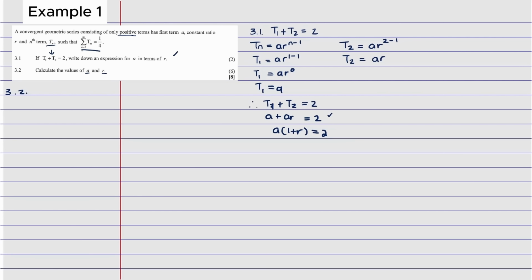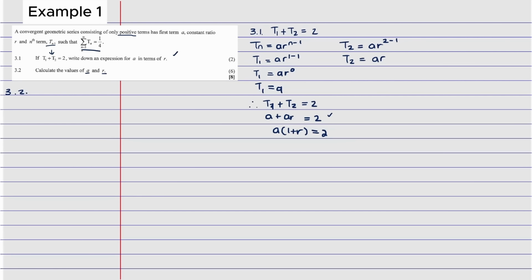This is nice because, do you see that in 3.1 we already calculated one equation that has a and r. So I can use the fact that the sum to infinity is 9 over 4 and find the sum to infinity in terms of a and r. So we know that it's a divided by 1 minus r.